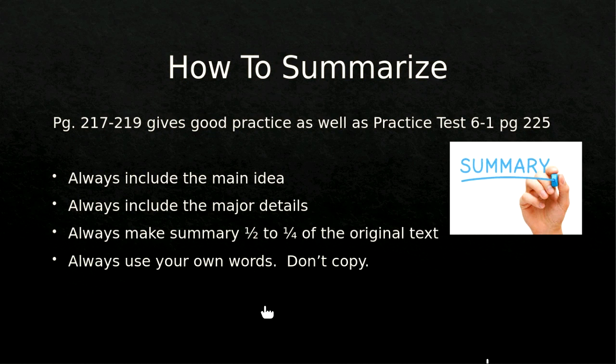I'm going to mute my microphone and read as well, and then in about maybe 5 minutes, we'll come back and answer it together, okay? All right, so we're doing number 5 on page 217.